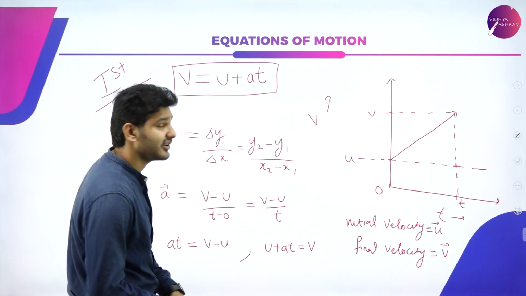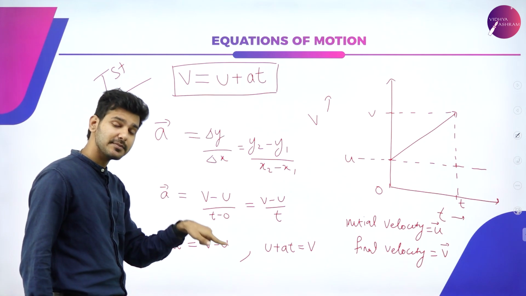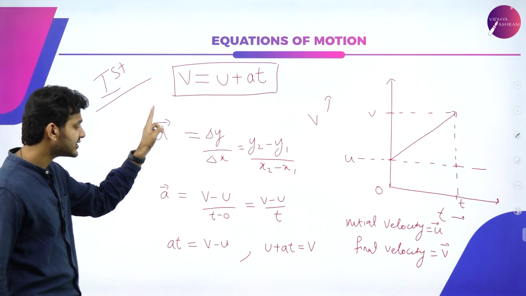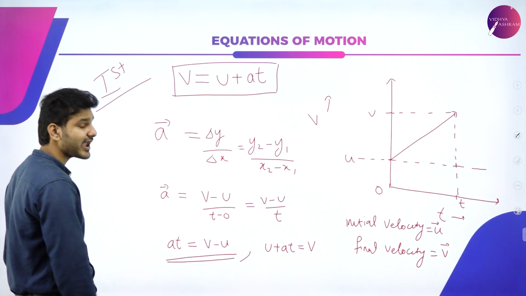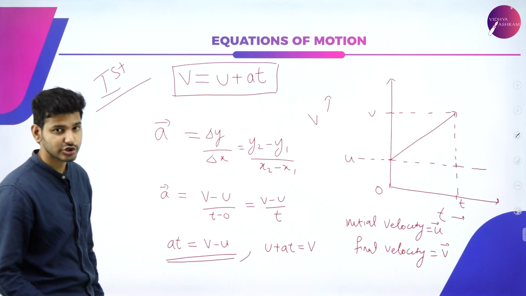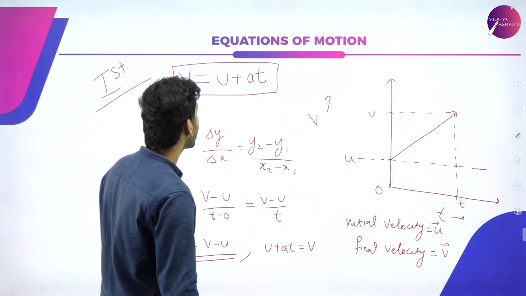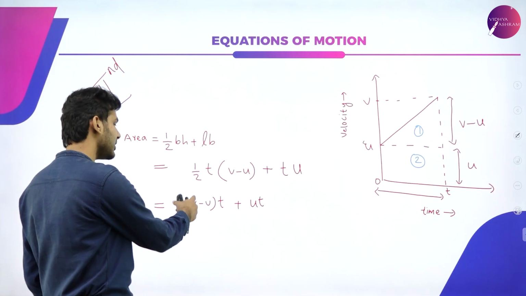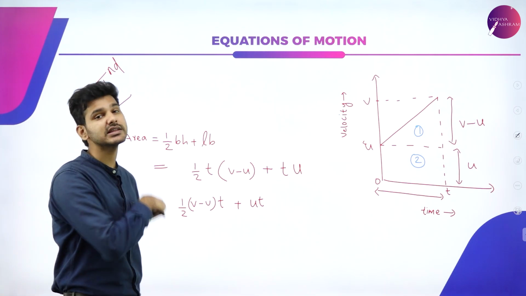That is, we know that v is equal to u plus at, or simply v minus u is equal to a into t. So v minus u is equal to a into t. That means we already have a v minus u here. So we can substitute that particular result in this form.